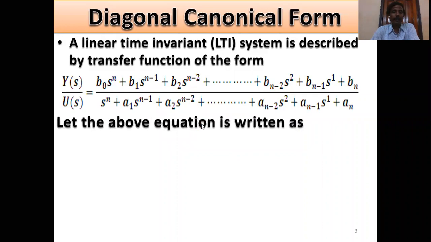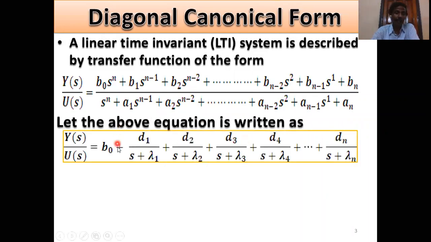Let the above equation be written in another form: Y(s)/U(s) equals b0 plus d1 by (s plus lambda 1) plus d2 by (s plus lambda 2) plus d3 by (s plus lambda 3) plus d4 by (s plus lambda 4) plus dn by (s plus lambda n).